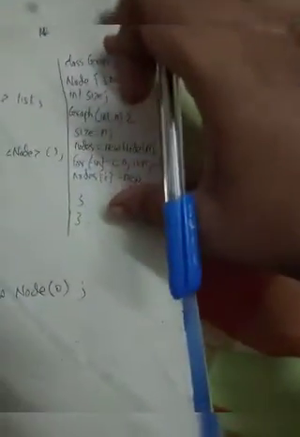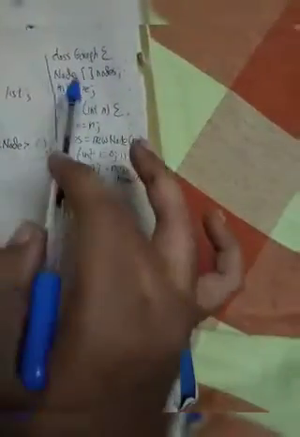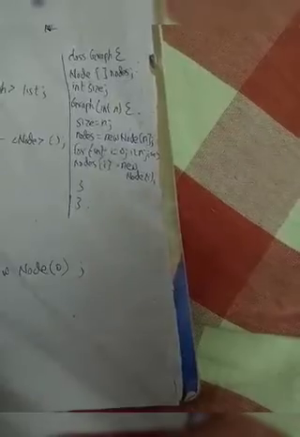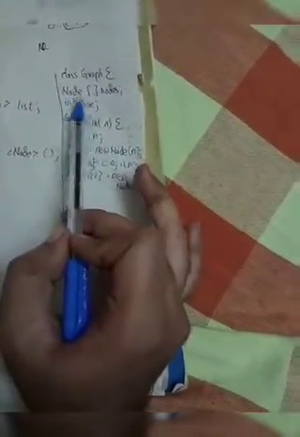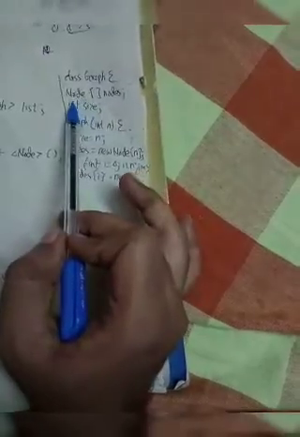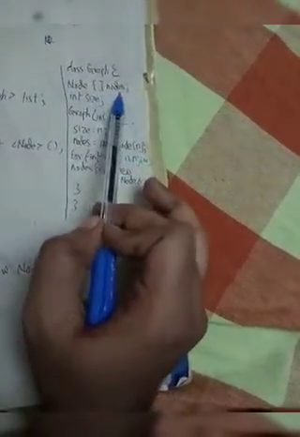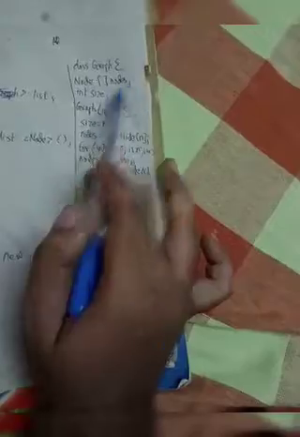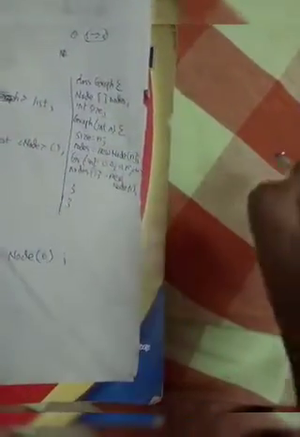So this is the node class, and this is the graph class. The graph class, as I said, contains an array of all the nodes. So this is node, an array of nodes, and the array name is nodes, and size will store the number of nodes of that array.